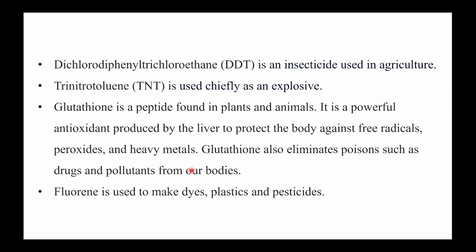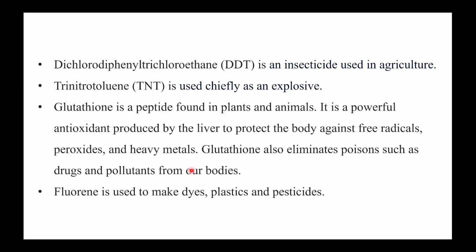It's a nitrogen-containing compound, and it is very toxic to living tissue. Then fluorine is also used in dyes, plastics, pesticides and different types of materials, so it is also a xenobiotic compound. Glutathione is a natural compound.